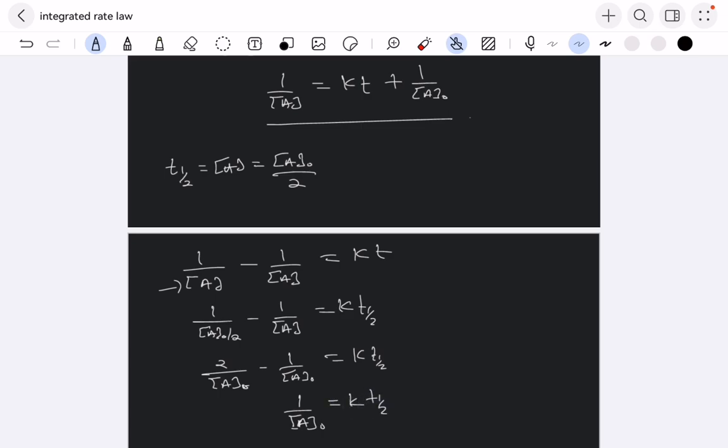To find t half, we multiply throughout, so that these go. Therefore, the half-life is given by 1 over A initial times k.